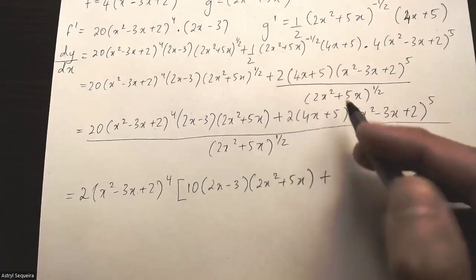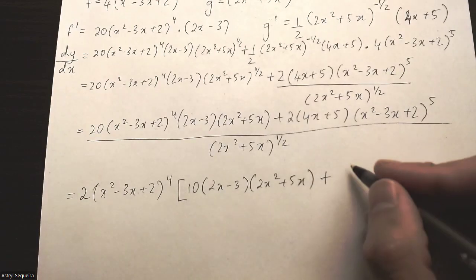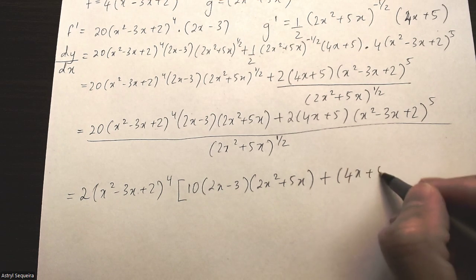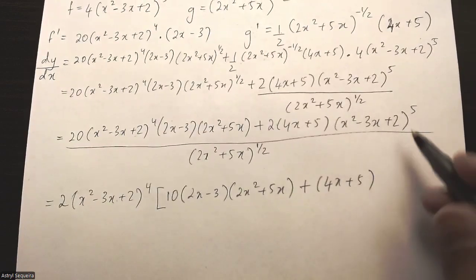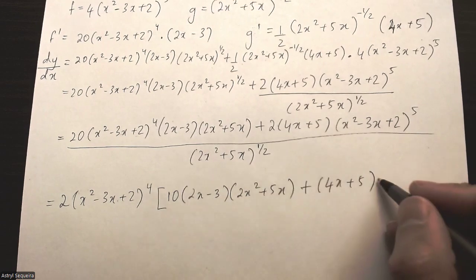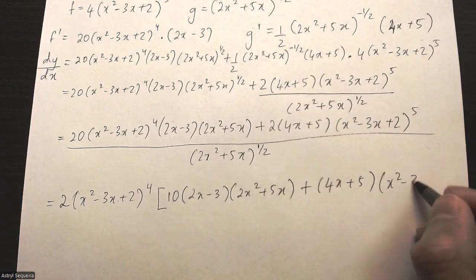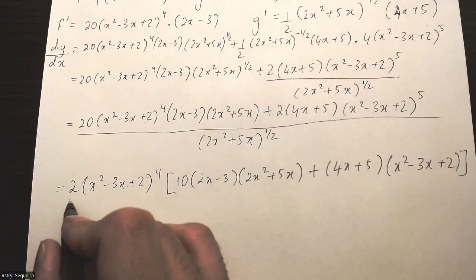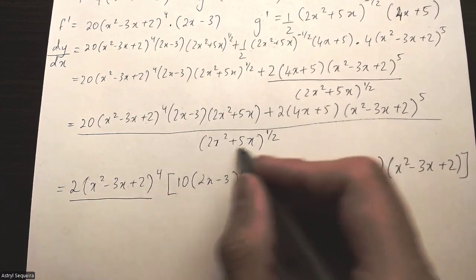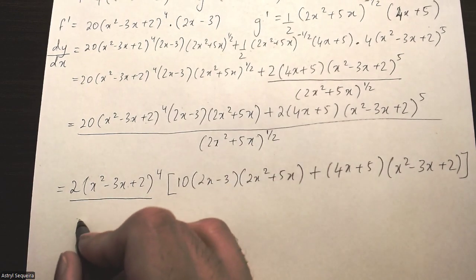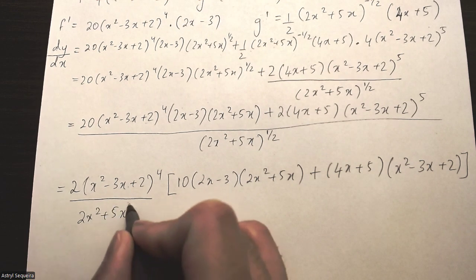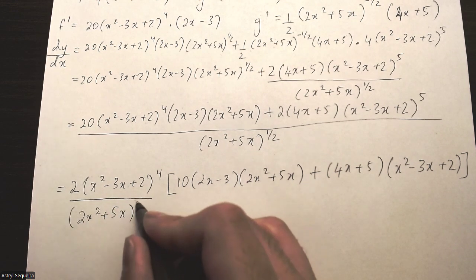Oh, no, no 2. 2 divided by 2 is actually 1, so the 2 disappears. 4x plus 5, and then I'll just be left with one of these brackets because I've taken 4 of them away. x squared minus 3x plus 2. You can also common factor out the common denominator at this point, so I'll just write at the bottom here 2x squared plus 5x to the power of half.